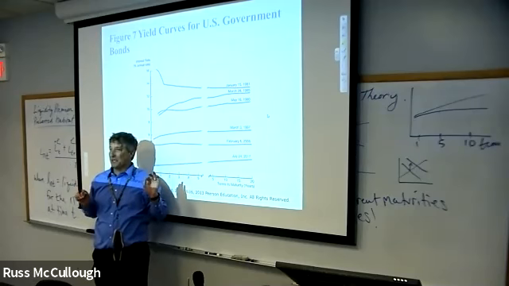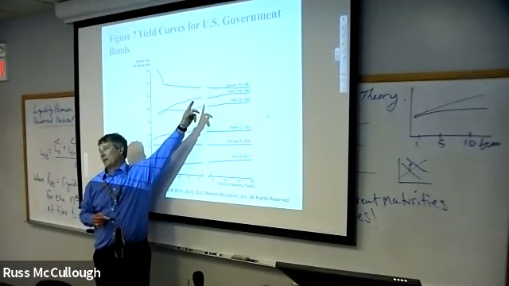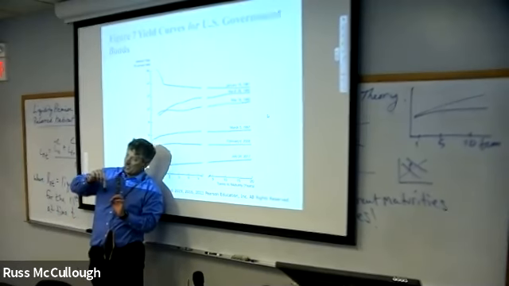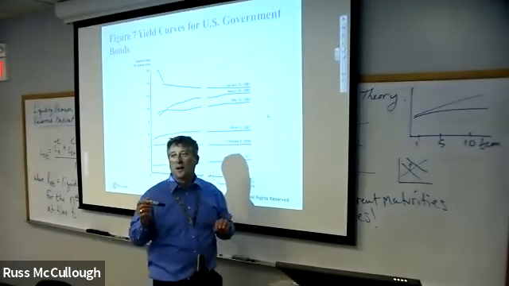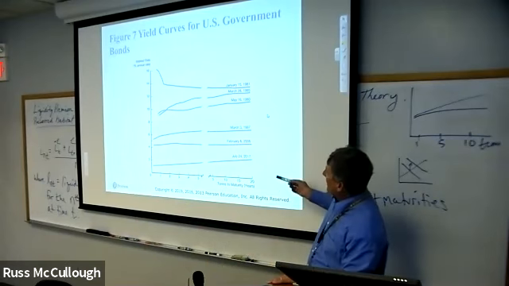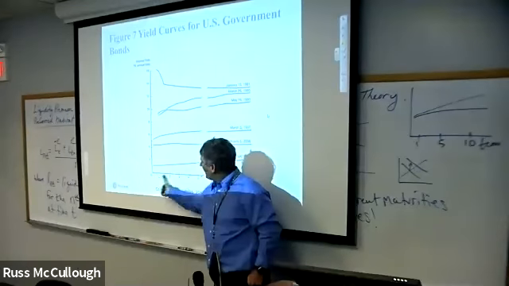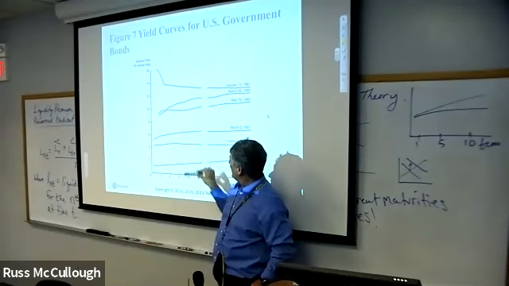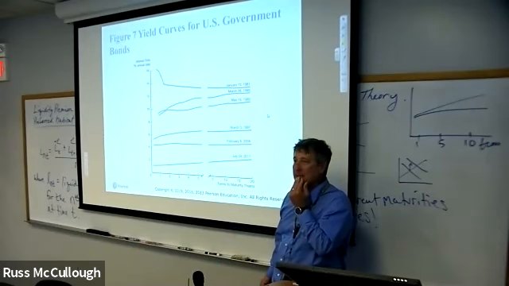But that doesn't happen every time. Every recession has had an inverted yield curve prior to it, but not every inverted yield curve has led to a recession. So it's an indicator of potential recession, but it doesn't always pan out that way. And so we see most of them fairly flat. The 1 to 5s are going to have a little more slope to them. That's yield curve. Any other questions?